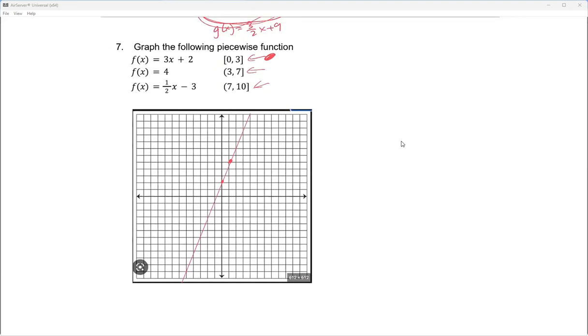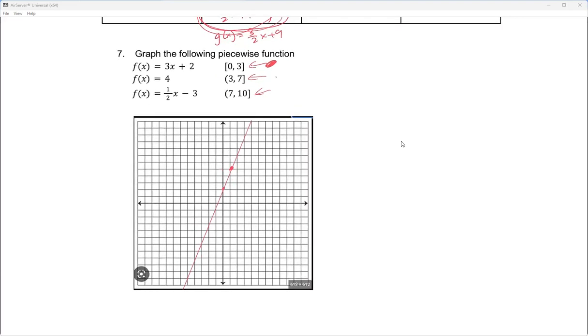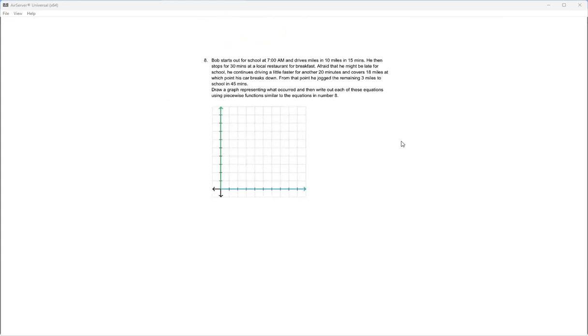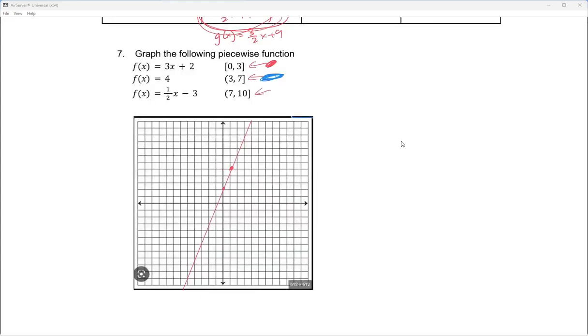Okay. Let's do it in blue. This is 4. So at y equals 4, that's going to be a horizontal line at 4. 1, 2, 3, 4. So I'm going to draw a line this way.